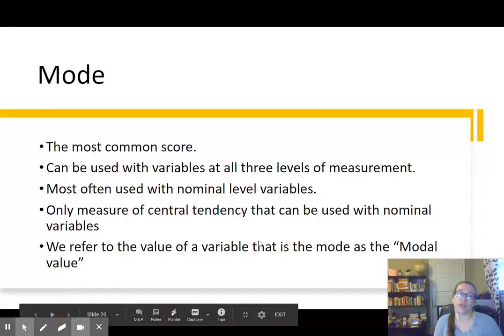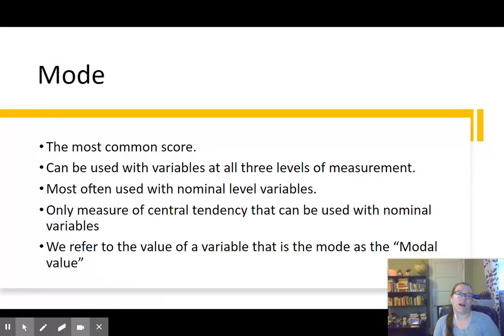Again, our mode is going to be the most common score. It can be used at all three levels, and it is most often used with nominal level variables because that's the only one we really have for nominal variables. It tends to tell us the least amount of information, especially if we have more things we can work with, like we can with ordinal and interval ratio.